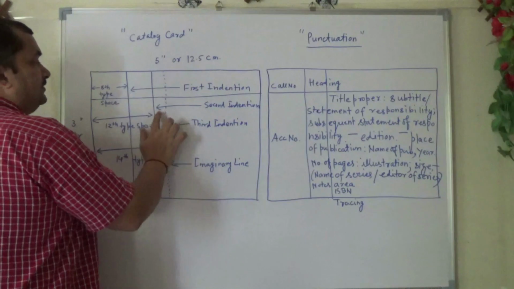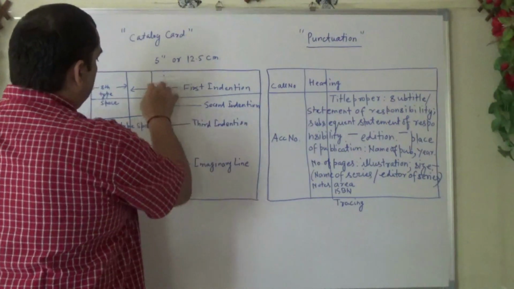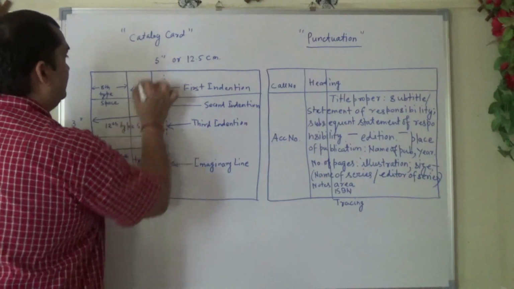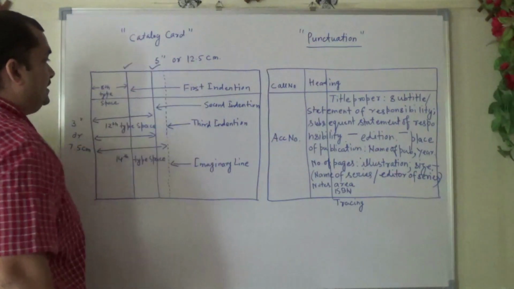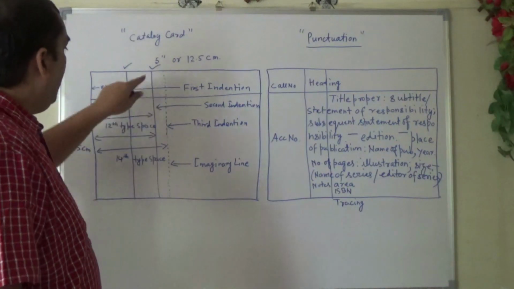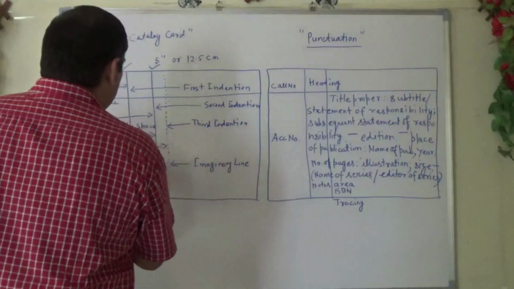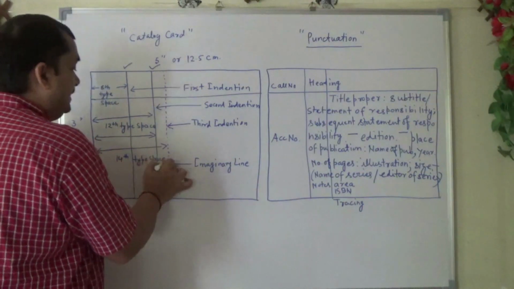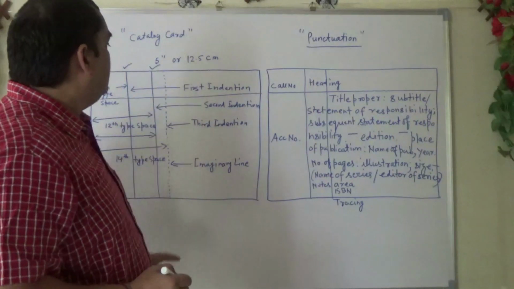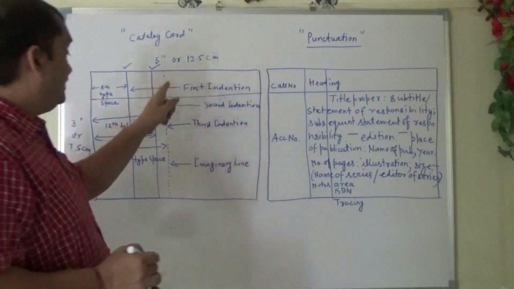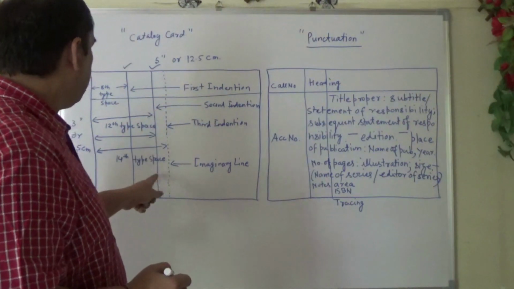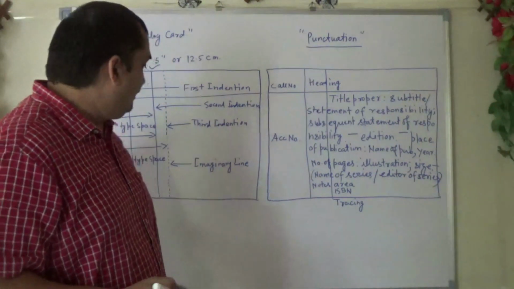Then the second indentation used to appear from the 12th typing space. I'm talking about this line, and this is the first indentation which starts from the 8th typing space. And the third indentation used to start from the 14th typing space, but generally the card did not include this imaginary line.